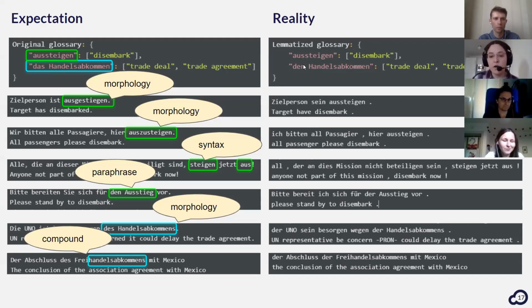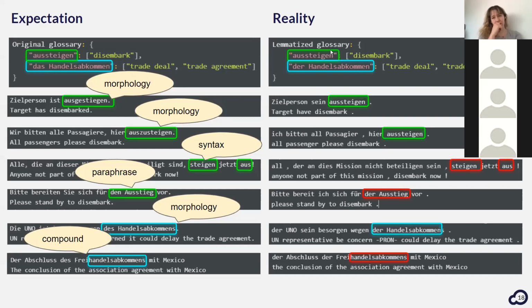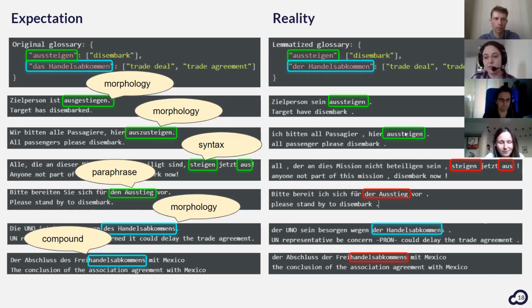After we've lemmatized everything, we are successful in making some of our matches. So the morphology problems we ran into here are alleviated, and here. But we do still see some problems.